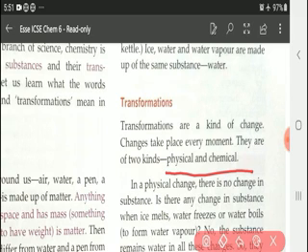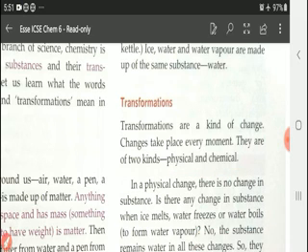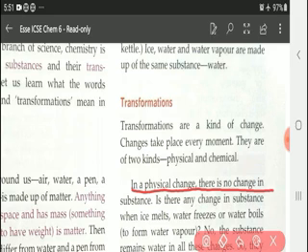Physical change and chemical change. In physical change, there is no change in substance.